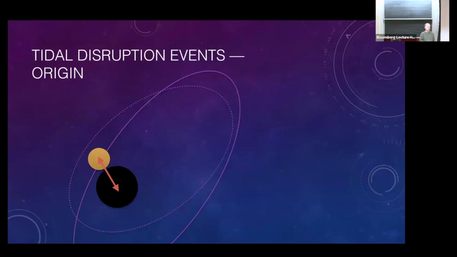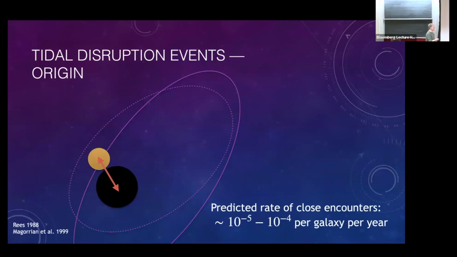It's the influence radius. So there's a finite volume in phase space which you can scatter a star into where it will be ripped apart, which means that this does happen. Okay, it's relatively hard to do. The tidal radius is relatively small. The region of phase space is small but non-zero.